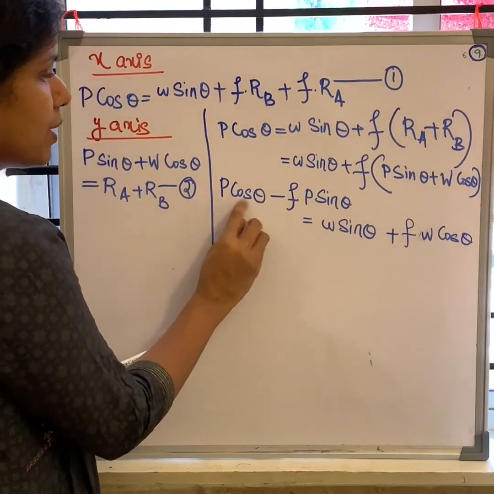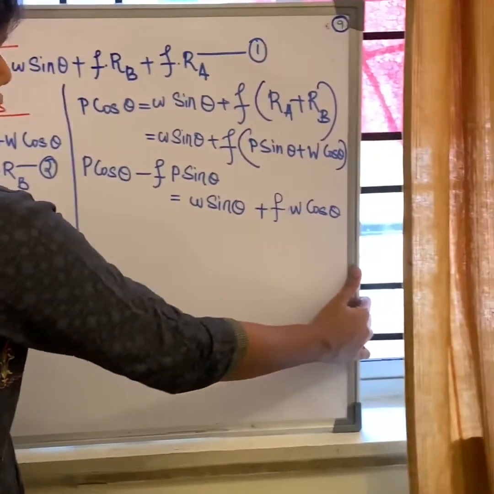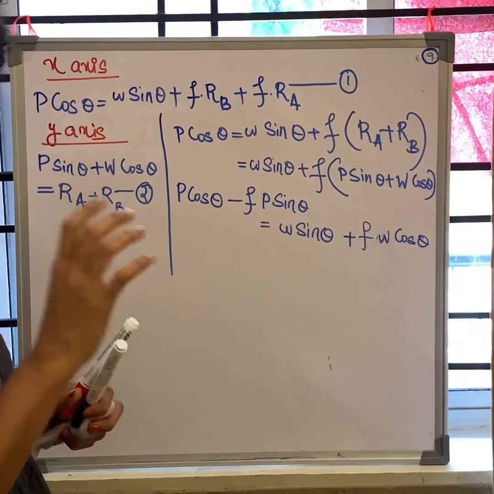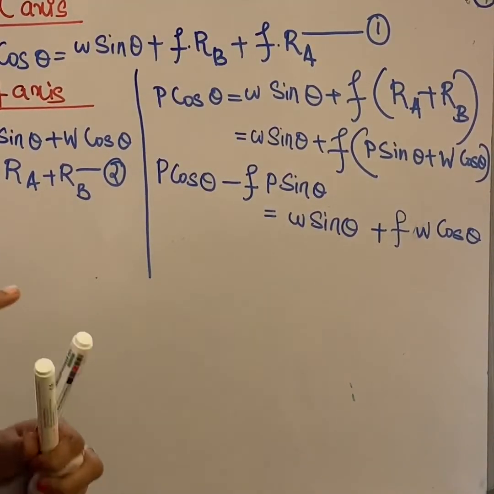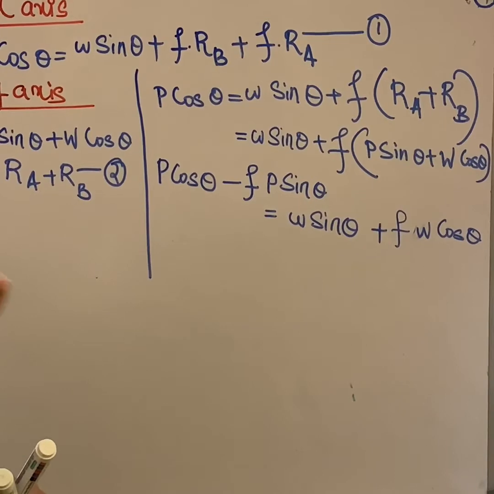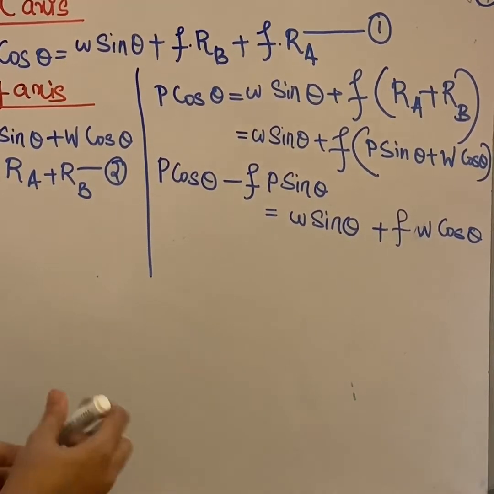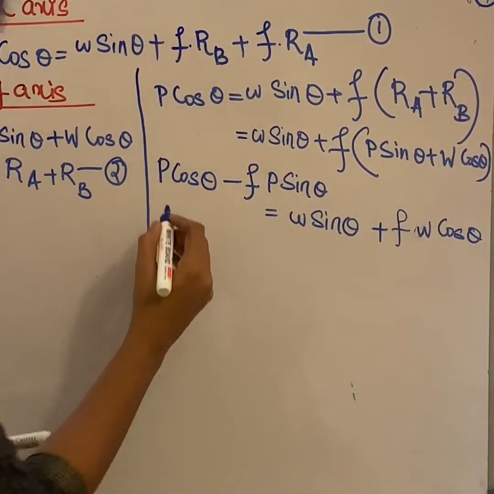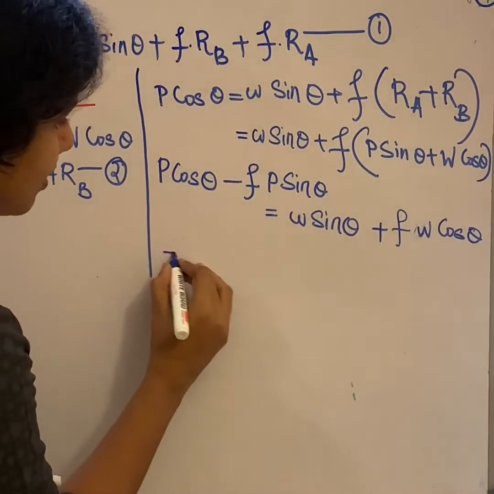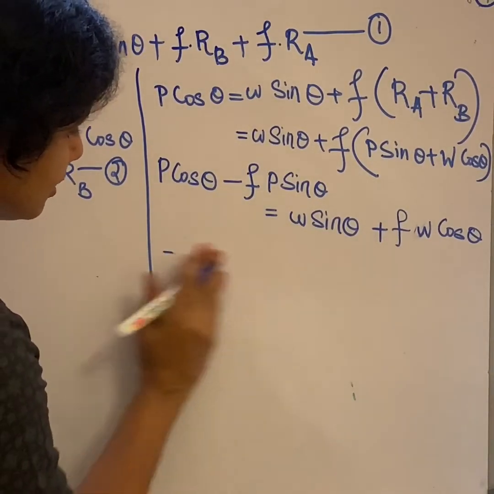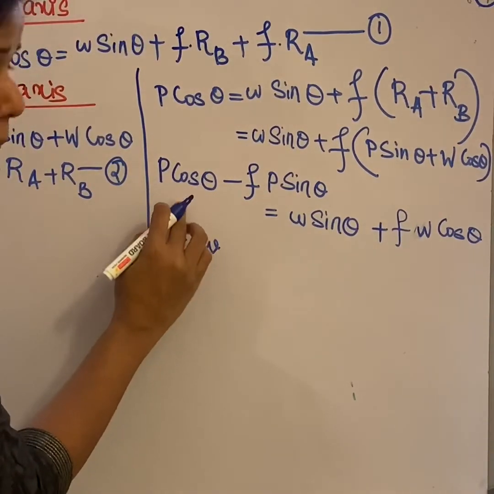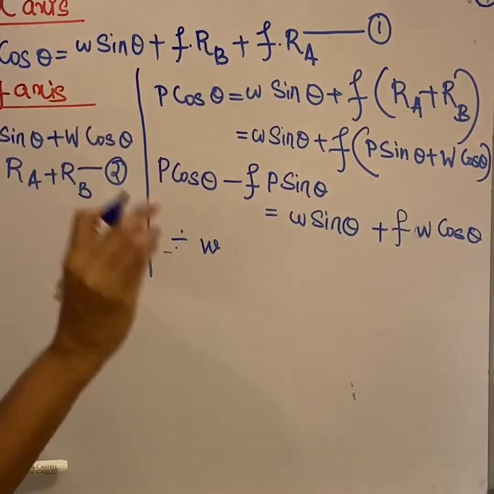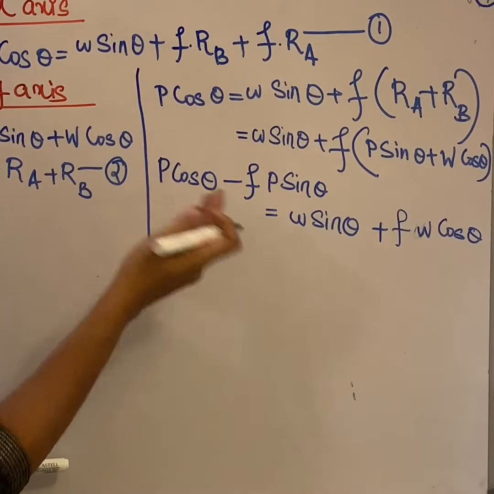Now, how will we further resolve it? I have P cos theta here, P sin theta here. So, I got my centrifugal force. Now, what is that centrifugal ratio? For that, I need to introduce W. P by W is the centrifugal ratio. So, let's divide this equation by W. So, I can introduce W below. But I need to get P by W, that means this cos theta has to be eliminated.